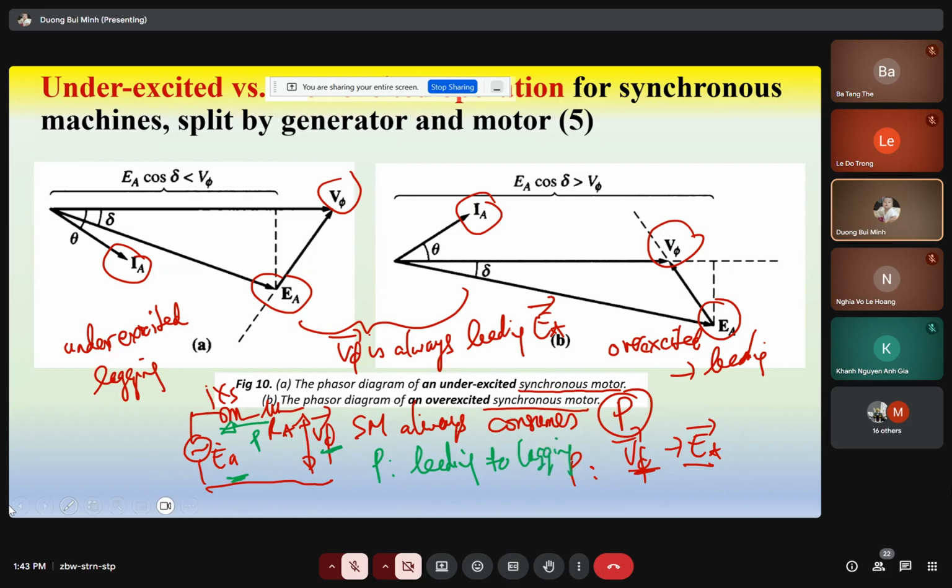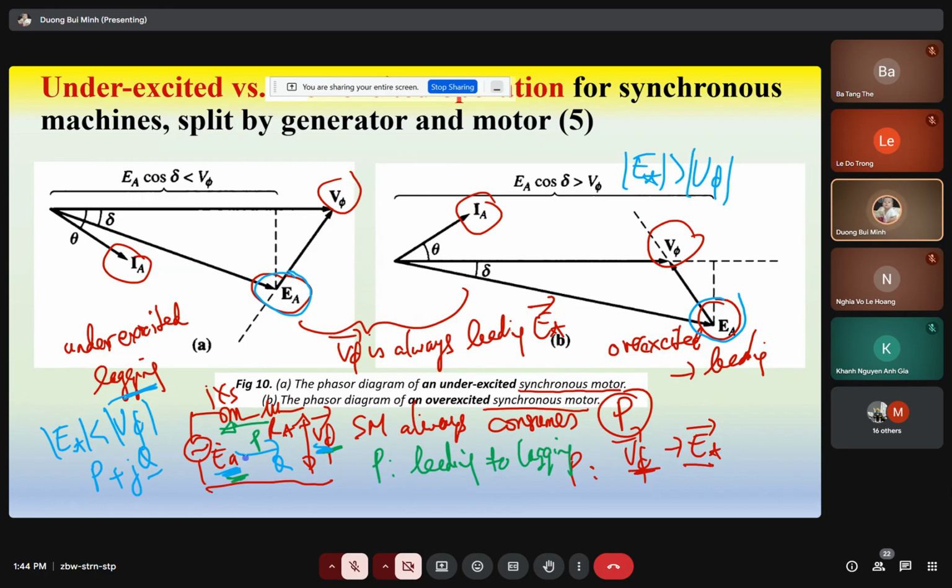Okay, now we discuss about magnitude. Okay, for this case, look, this is lagging, so the magnitude of EA is less than the magnitude of V phase because lagging, so they consume P and they consume Q. Okay, but for this one, you know, look, EA, right? Is higher than V phase. So Q will be back to the power system because EA is higher than V phase.